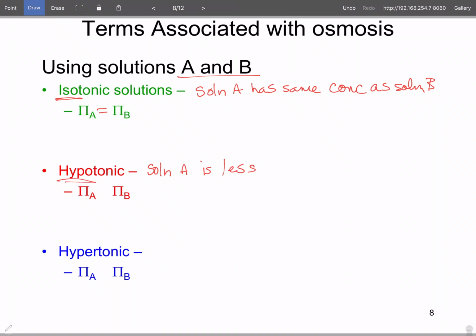This is hypo, like hypoactive, less concentrated than solution B. So what that means is the osmotic pressure of A is less than B. And in that case, we say that A is hypotonic with respect to B. Hypertonic means that solution A is more concentrated than solution B.